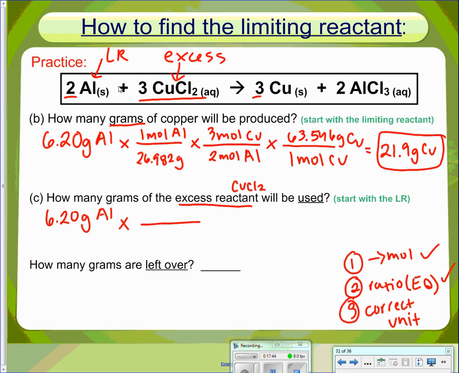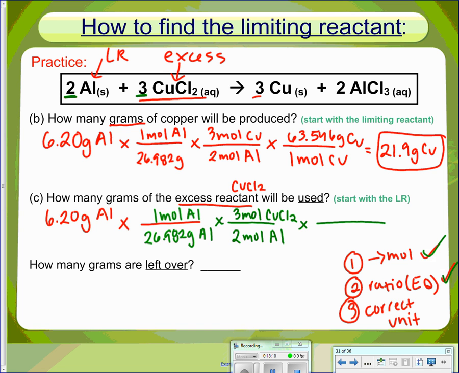First, convert to moles. So 26.982 grams of aluminum for every 1 mole of aluminum. Step 1 is done. Step 2 is a ratio. Now the ratio is going to be different because it's going to be between the limiting and the excess reactant. So 2 moles of aluminum for every 3 moles of copper 2 chloride.